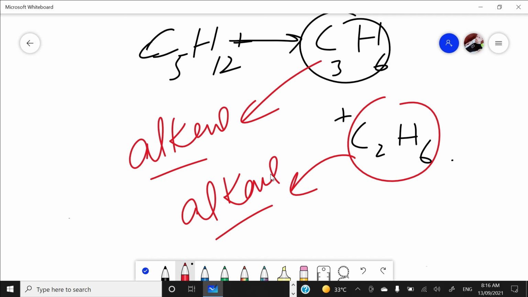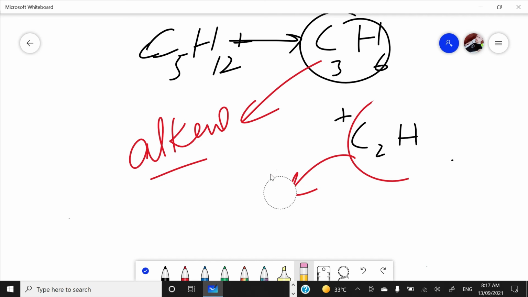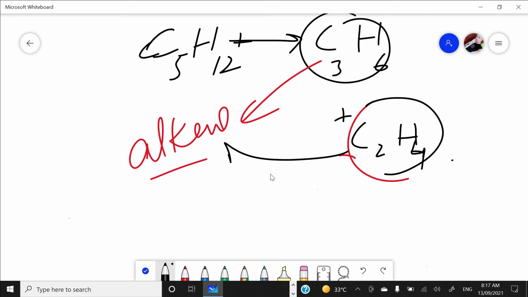Okay. If I want to make two alkenes out of it, so what will be the probability? See this now. I'm making two alkenes out of it. This was an alkane, but this will become an alkene now. And along with that, there will be release of hydrogen also. So someone can do it like this: C2H4, which is an alkene, and H2 is released out.